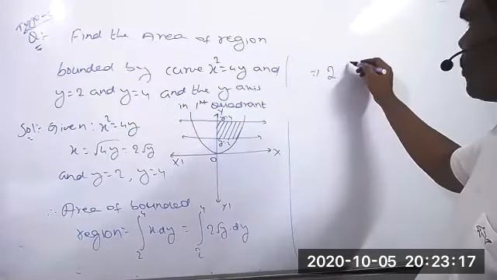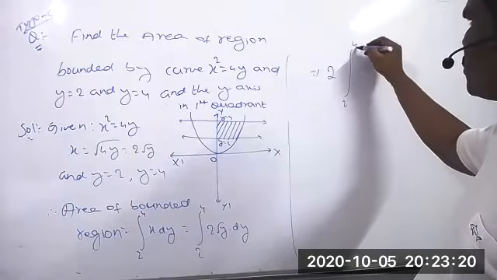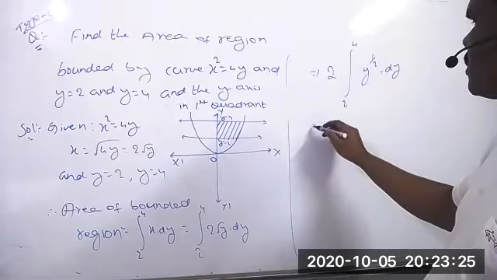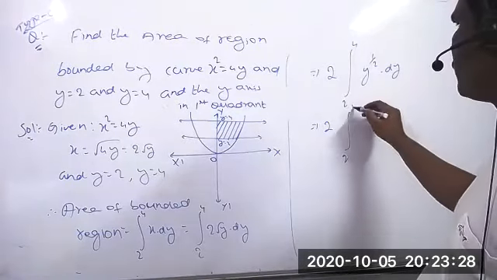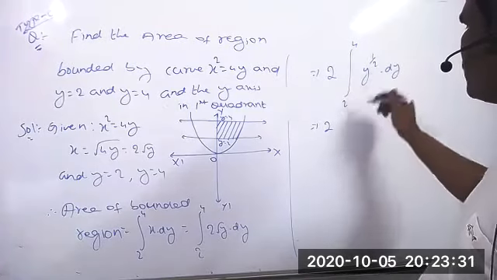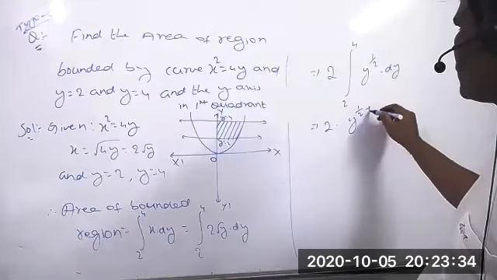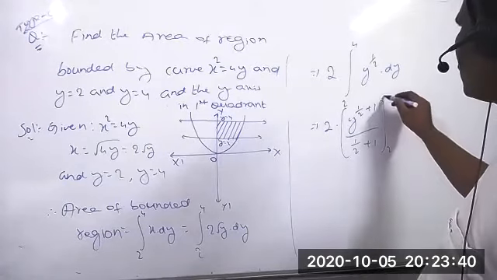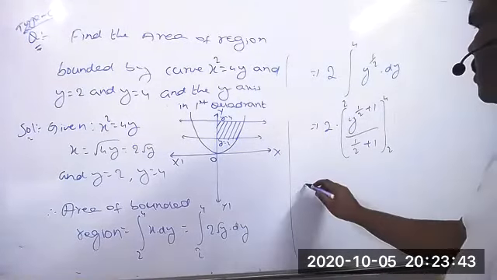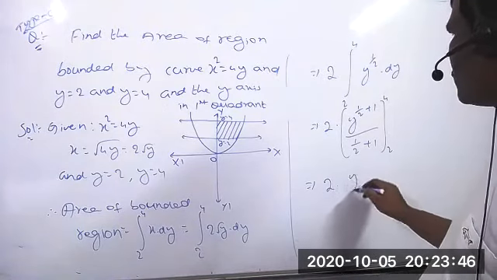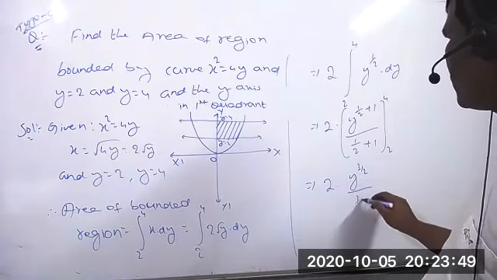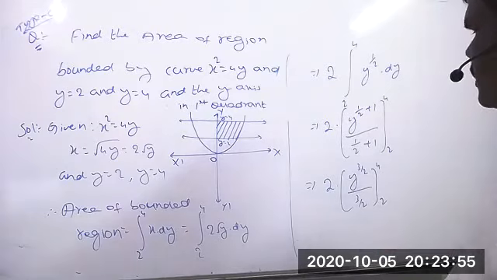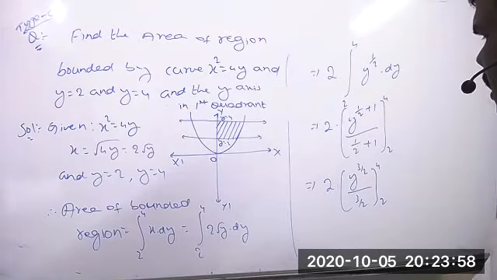So 2 into the integration from 2 to 4 of root y, which can be written as y power 1 by 2 into dy. That gives y power 1 by 2 plus 1 over 1 by 2 plus 1, with limits 2 to 4. So that implies 2 into y power 3 by 2 whole by 3 by 2, with 2 to 4 as the limit.